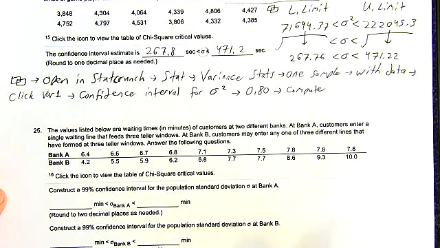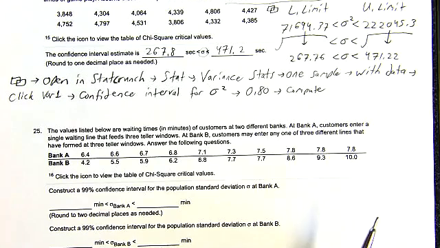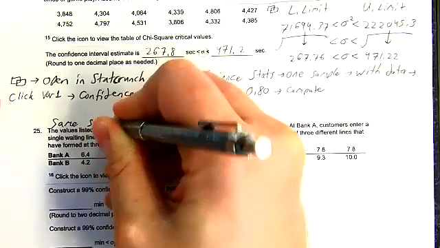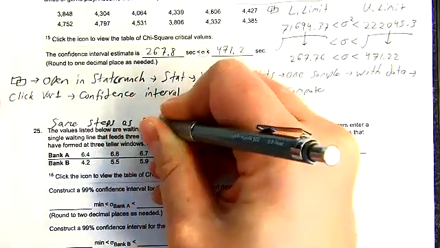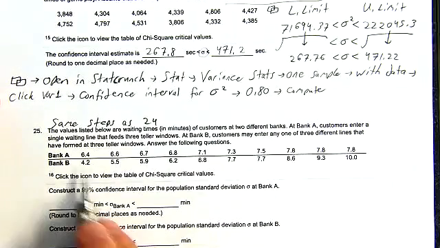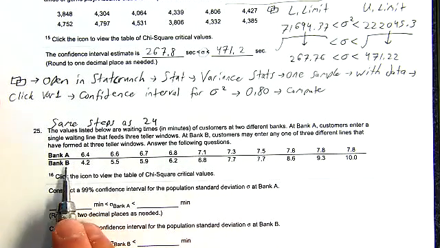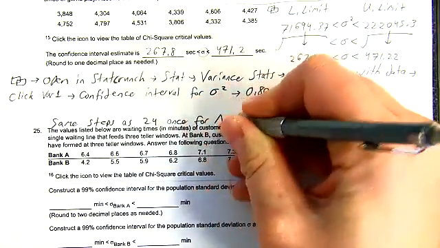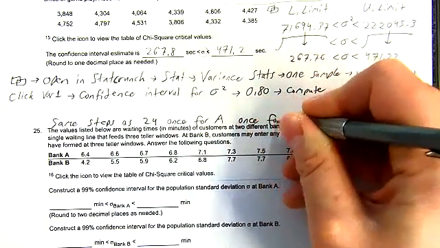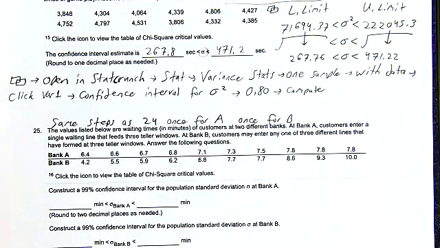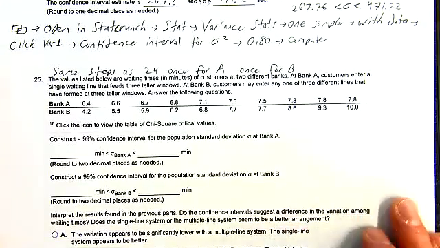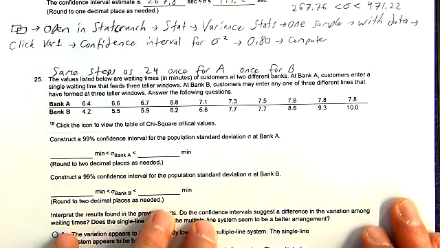Okay, so in this problem, it's the exact same steps as 24. So you have to do this with a computer. I'm just going to write same steps as 24. But you have to do it twice. So you do it once for Bank A numbers, and then you do the same steps for Bank B numbers. Once for A, once for B. And again, you're going to get numbers that you have to take square roots of.